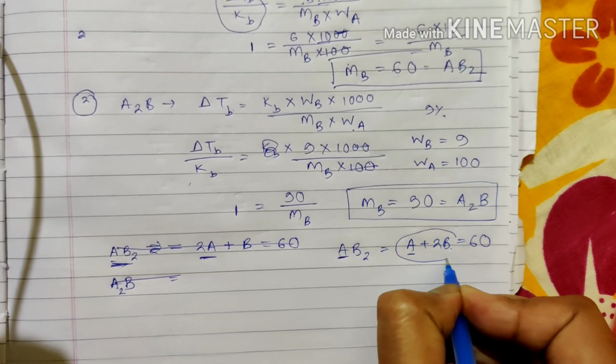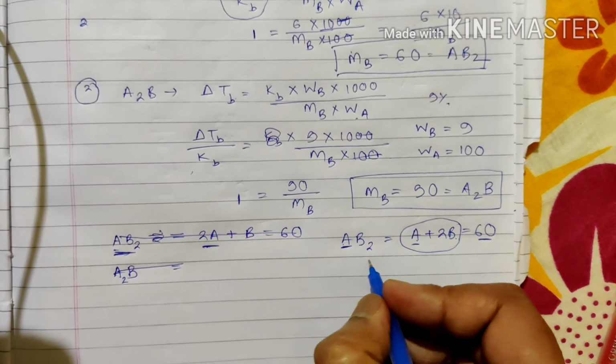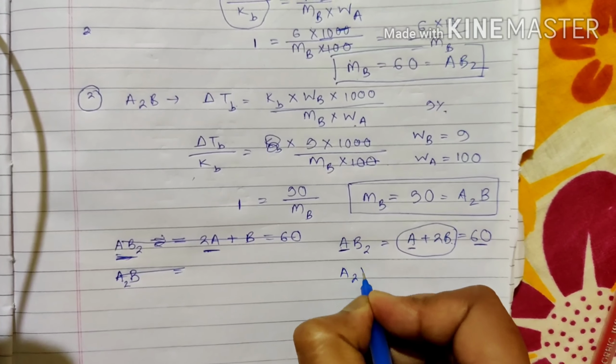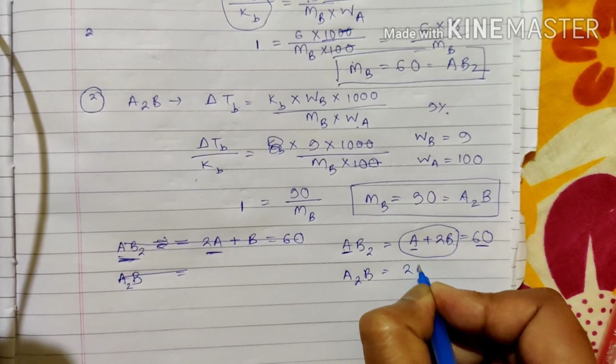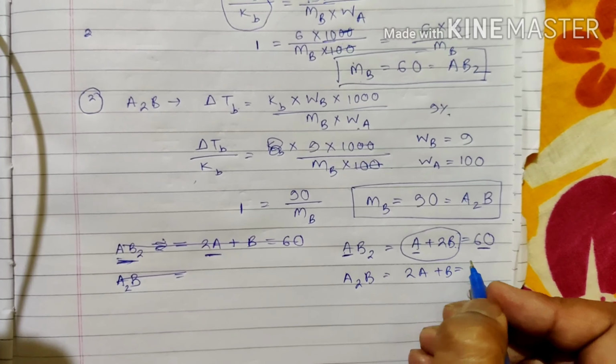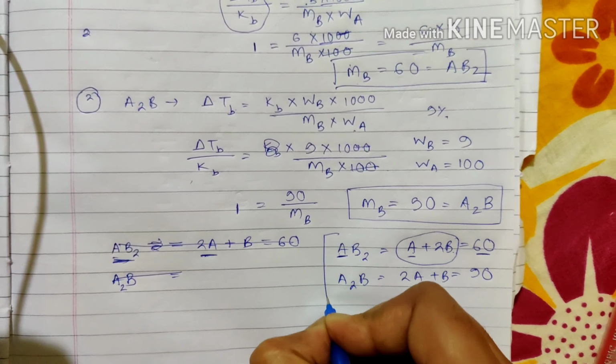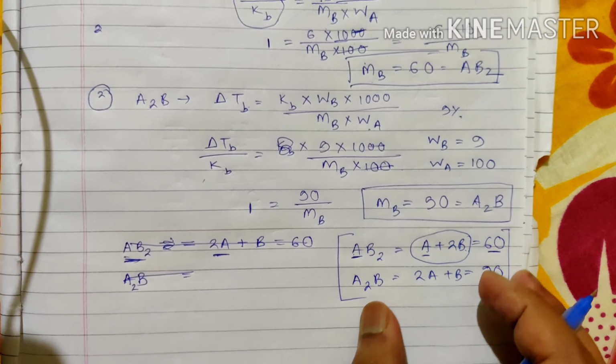Similarly, for A2B, it is 2A plus B, and the value we are getting is 90. Now we should be able to solve this too. Let us solve.